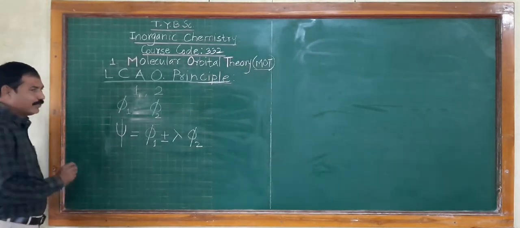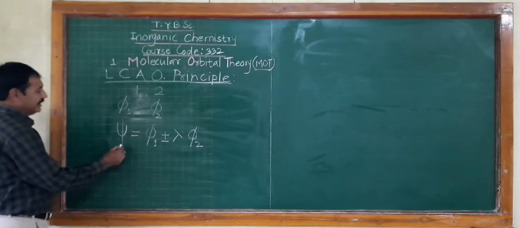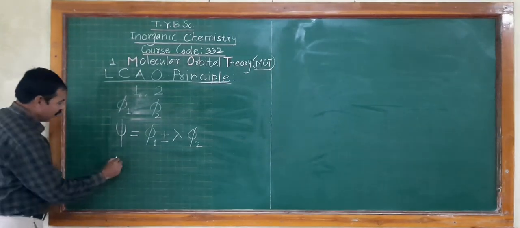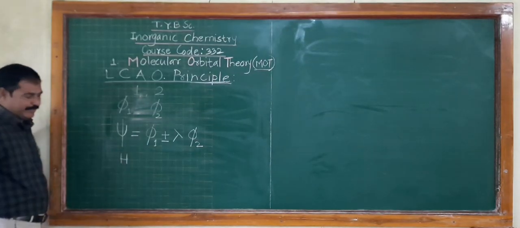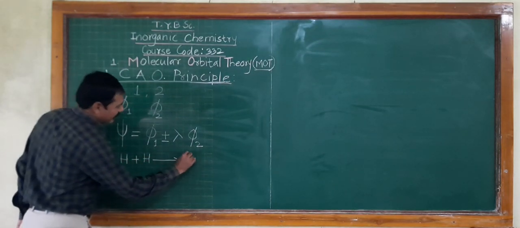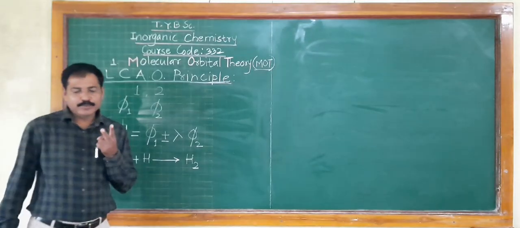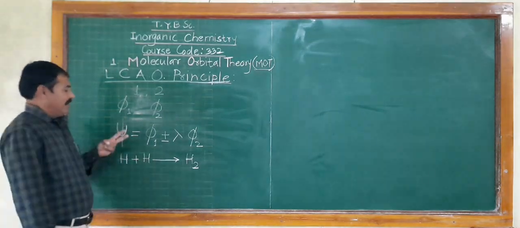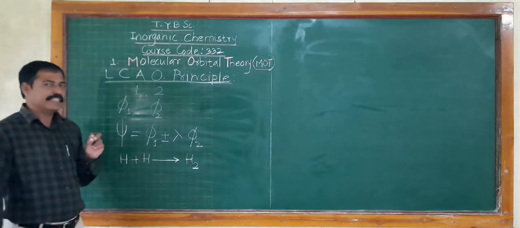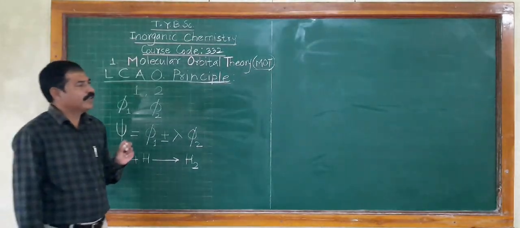Now we have to consider the particular wave functions of the atomic orbitals to form a molecular orbital. For that purpose, we take the example of hydrogen. One hydrogen atom can combine with another hydrogen atom to give rise to the H2 molecule. There are two types of combinations: one is called the same sign combination and the other is the different sign combination.